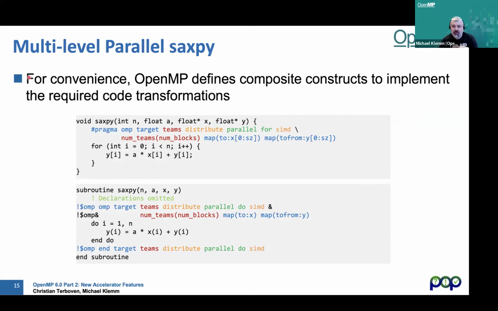We recognize that this is a lot to type and does not really convey the full meaning that you probably want to convey to the compiler, which is: this loop is parallel and bring it over to the GPU. The bring over part is handled with target, of course, but then all this handling with teams distribute parallel do and so forth seems to be extra typing for no good reason if you just want to express that there's a loop that should run on the GPU. Click, please.